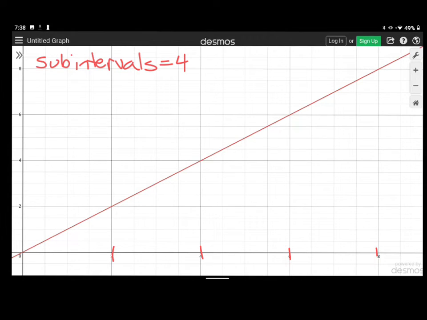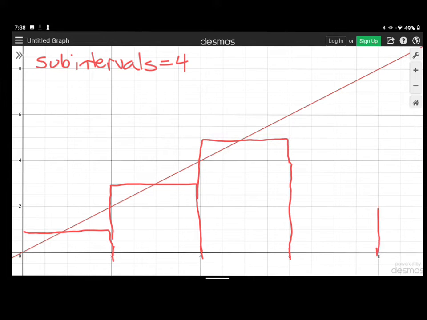And so again, I'm going to draw my rectangle, and basically my height is becoming the midpoint of my rectangle. Okay, and so this is getting us a little bit more accurate.